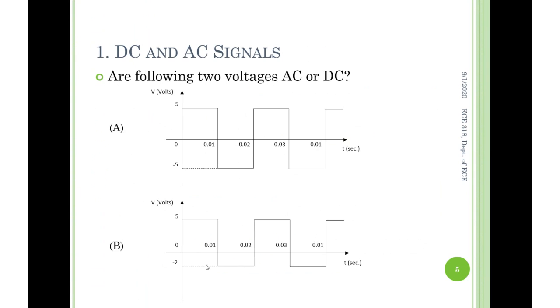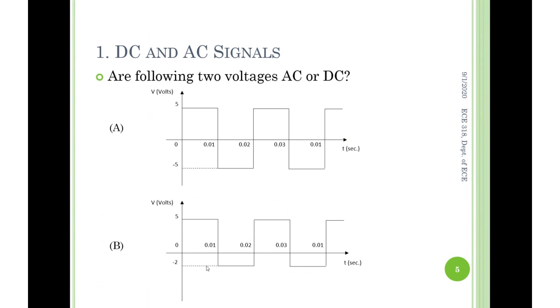For signal B, if you look at the average value, you will see it is non-zero. Therefore, it contains DC. However, it's not purely DC. Why is it not purely DC? Anyone know? Why is signal B not purely DC? Because there are three options, right? Purely AC, purely DC, and mixing. It's not just a straight line straight across the graph. Exactly. Very, very good.